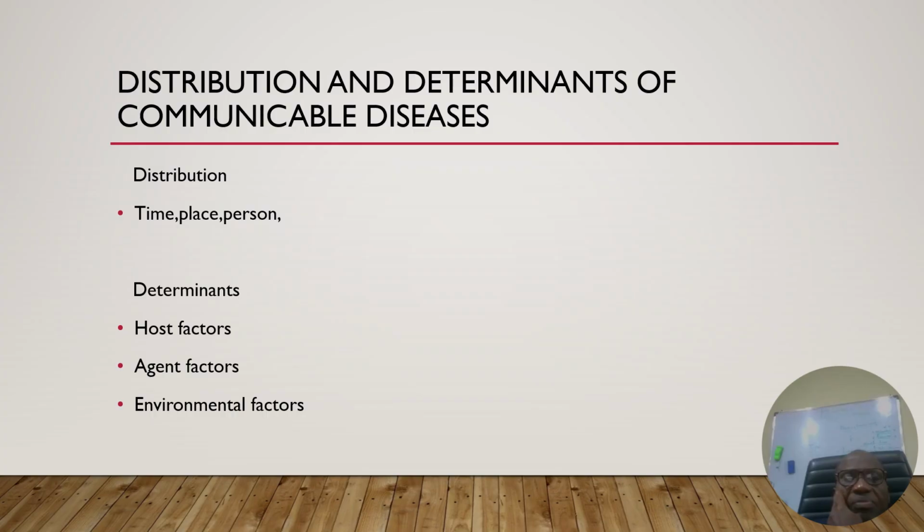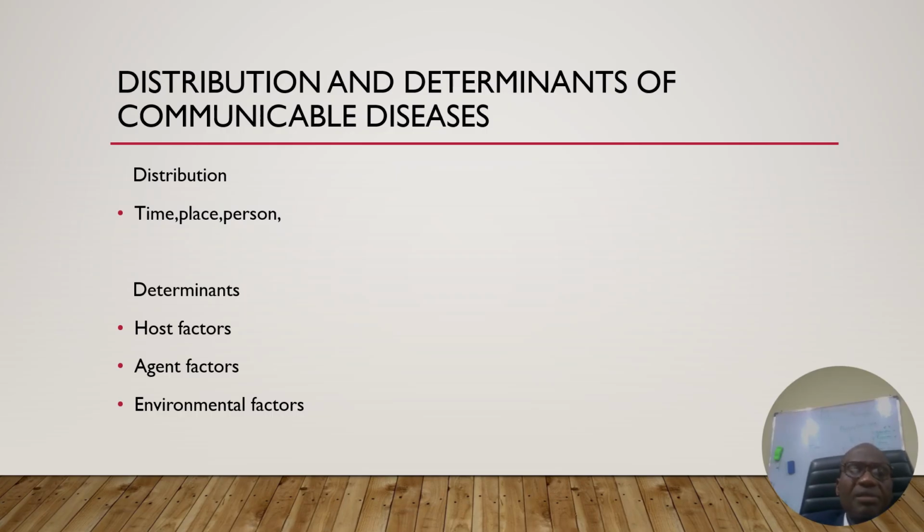Now, let's look at the main attributes of epidemiology. These are the distribution and determinants of communicable diseases. This distribution can be in terms of location, as the place; who is involved, as the person, with ages, sex, and racial characteristics; or time, when the disease occurs.